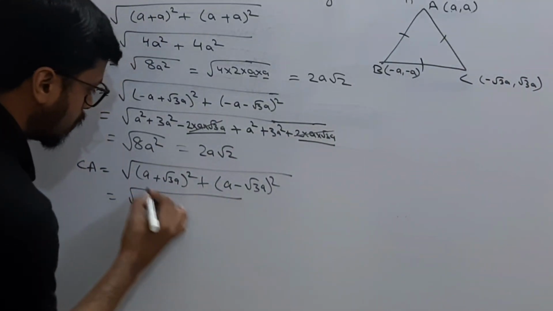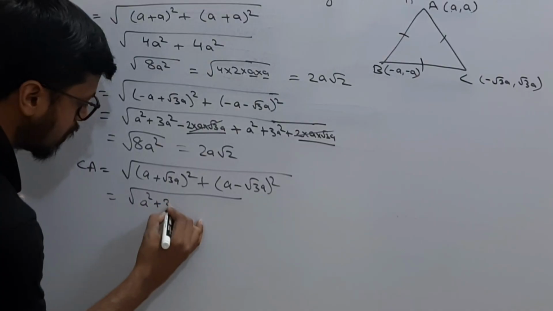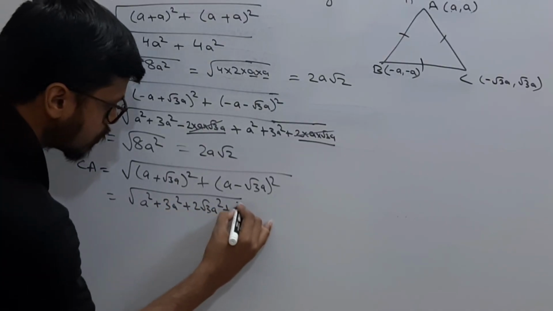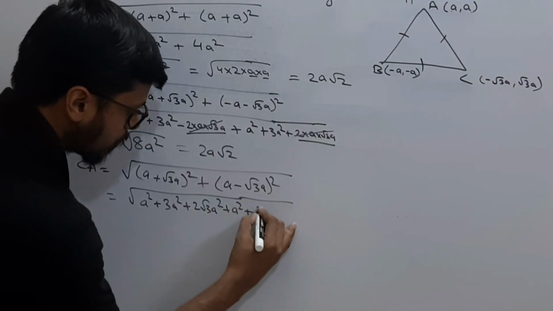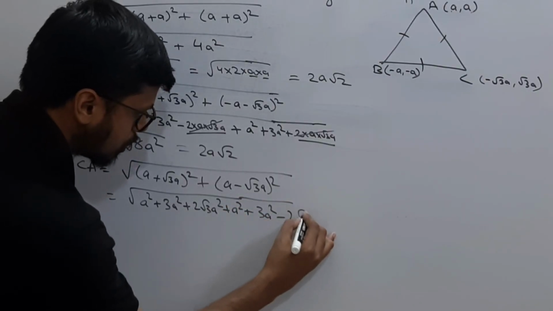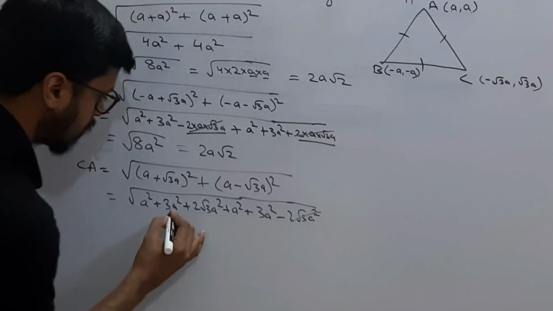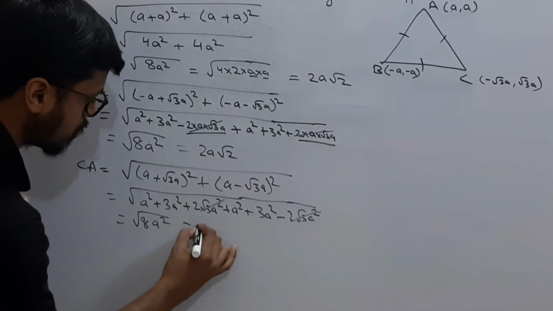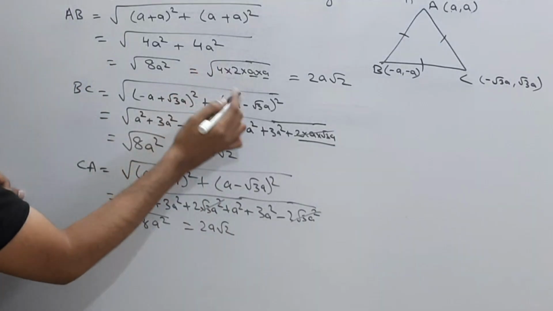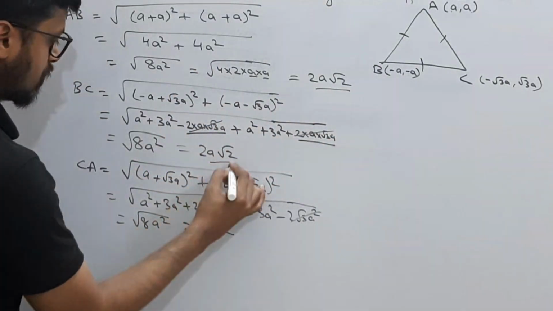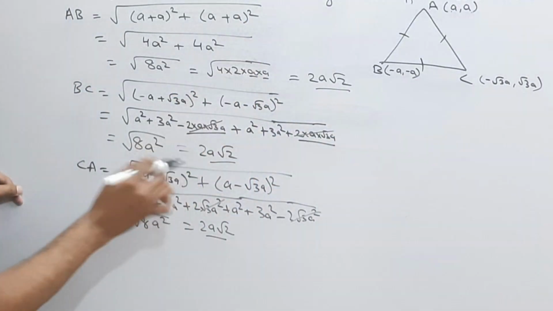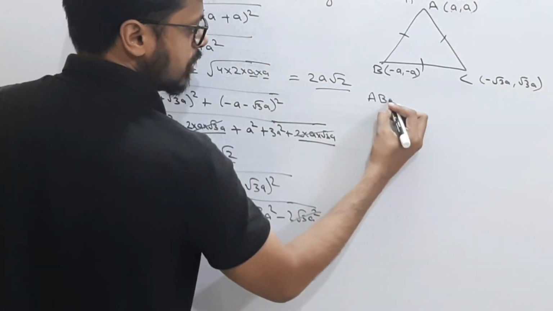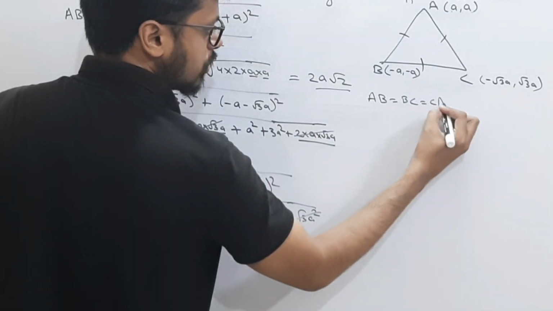Same thing if you solve here, a square plus 3a square plus 2 root 3 a square, and here a square plus 3a square minus 2 root 3 a square, this whole thing will get cancelled, and you will get root over 8a square, that means 2a root 2. Now from here you have understood that the AB value, BC value and CA value are all the same. If all are the same, it is an equilateral triangle. So finally you will write AB is equal to BC is equal to CA, so it is an equilateral triangle.